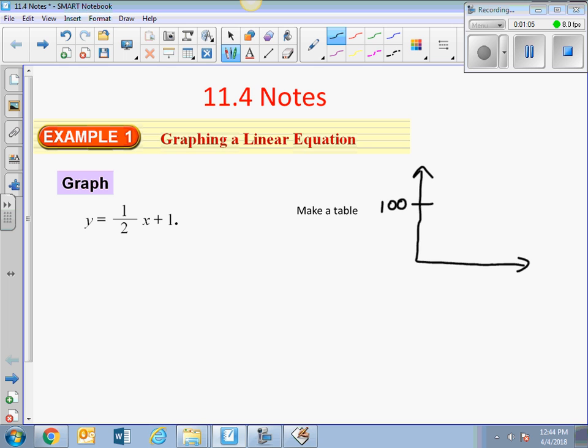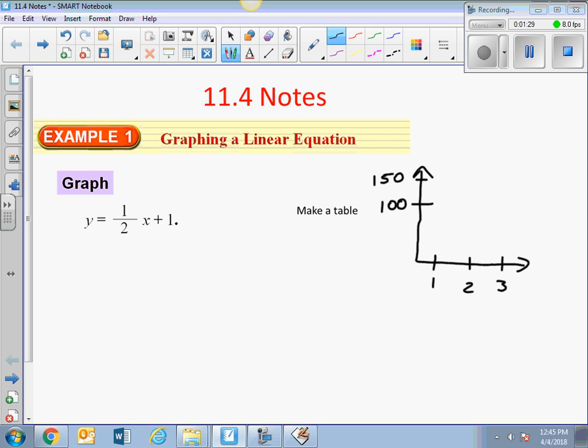Now, the initial starting point is the b. From there, if you have a cable package, you're going to pay a certain amount of money per month. Maybe you pay 50 bucks a month. Well, the next one would go up to 150.